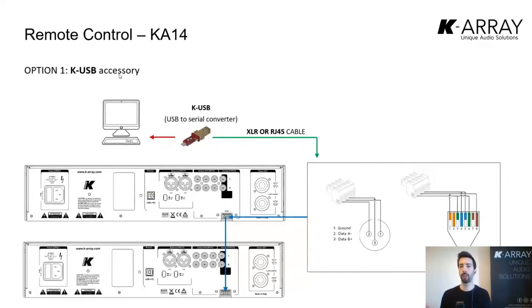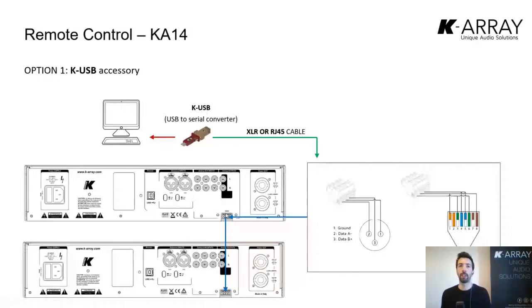on the KA14, as you can see, the RS485 input is not over XLR, but it's over Euroblock Phoenix connector. You see here in the bottom right corner, there is this 4-pin connector.